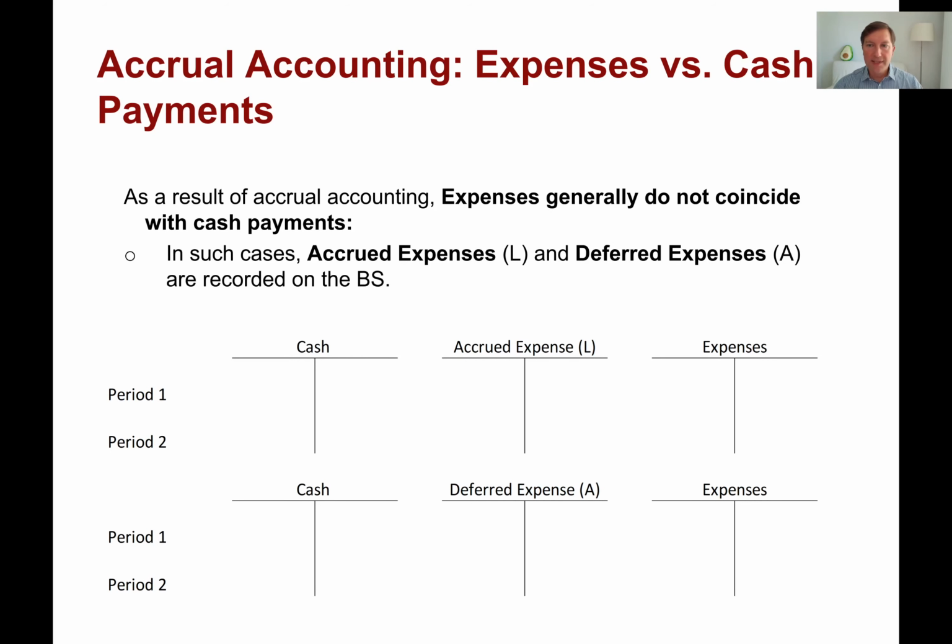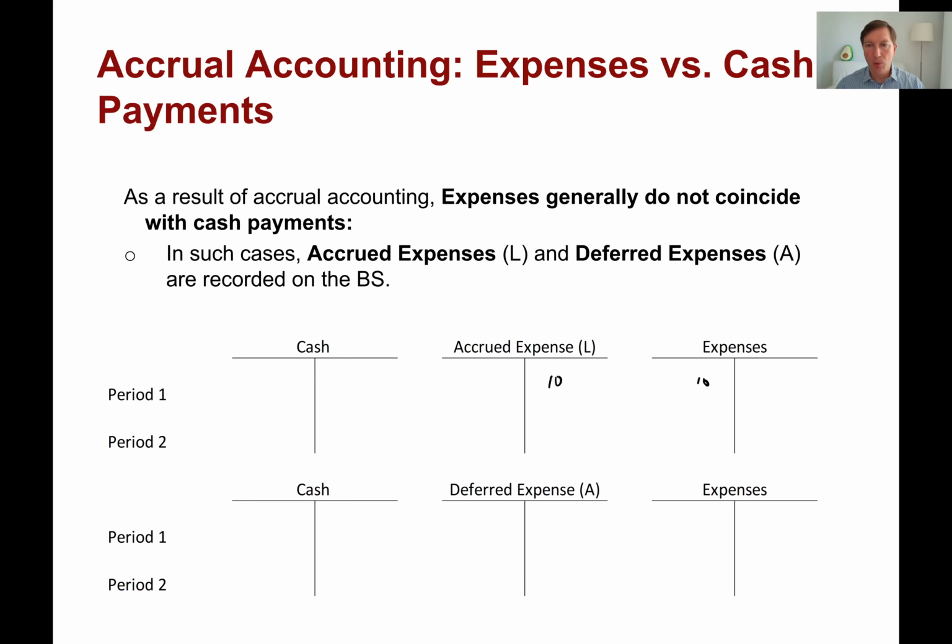Accrued expenses and deferred expenses work in the same way. Sometimes we recognize an expense, of course, on the debit side, and we have not paid cash yet, right? So we are going to use accrued expense account. For instance, we consumed labor, right?